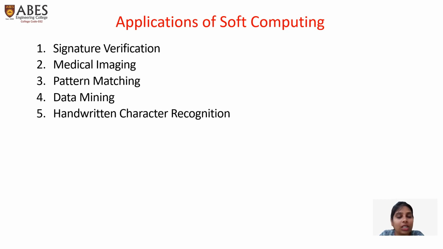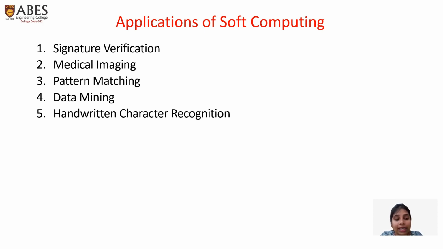Second is medical imaging. In the medical sector also, soft computing models can be used, for example for x-rays. And third is pattern matching. We can see a simple example of pattern matching in our cell phones. When we enter a pattern to unlock the smartphone, it uses soft computing features to match the pattern.